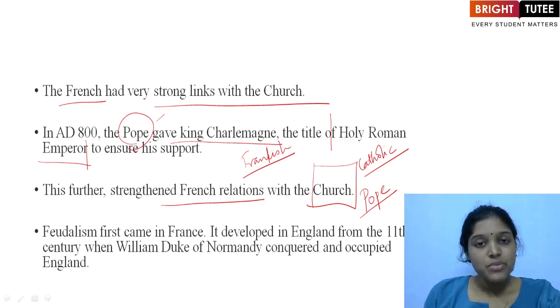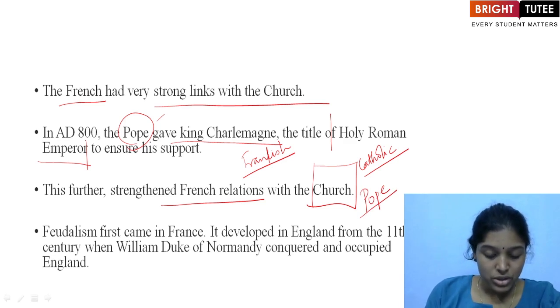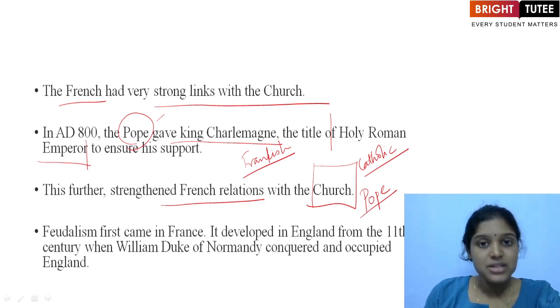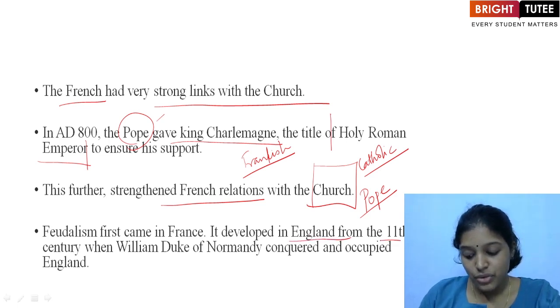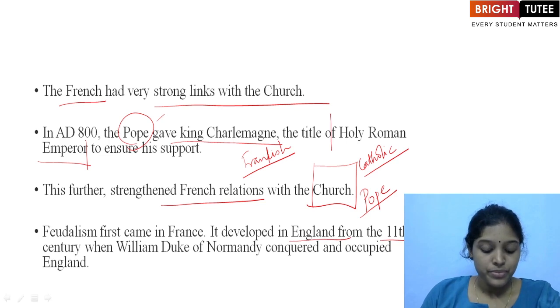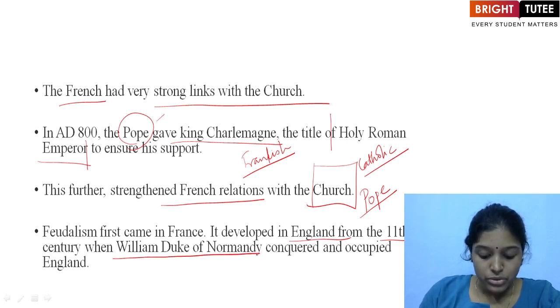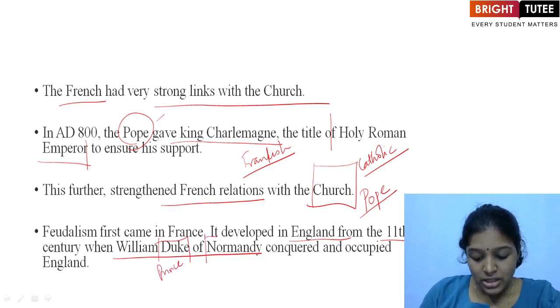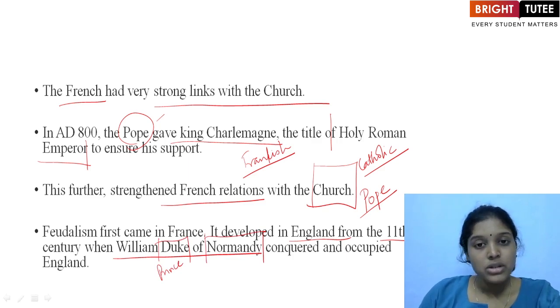And feudalism first came in France. This is important: it was in France that feudalism first emerged, and then later it developed in England from the 11th century, when William, Duke of Normandy, conquered parts of England. Duke means a prince, and Normandy is the name of a province.